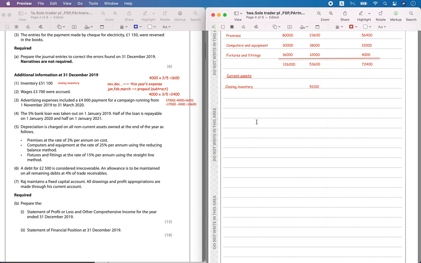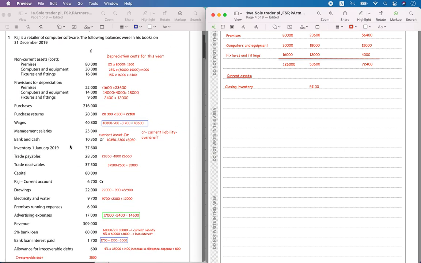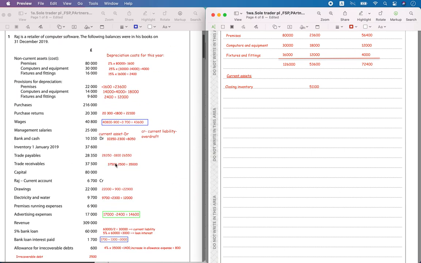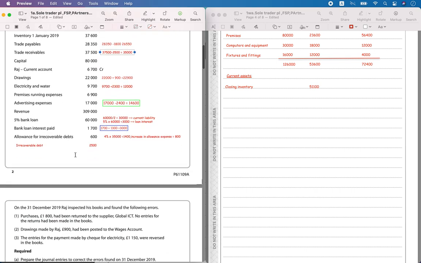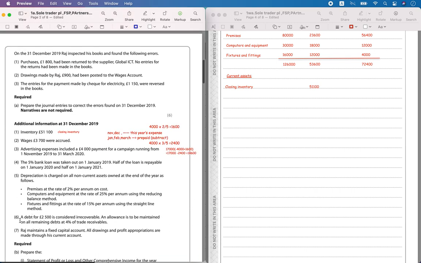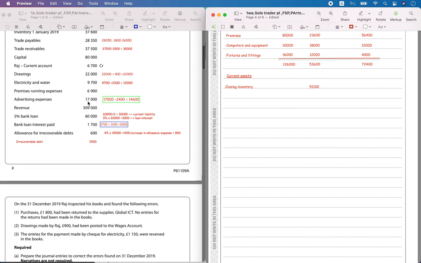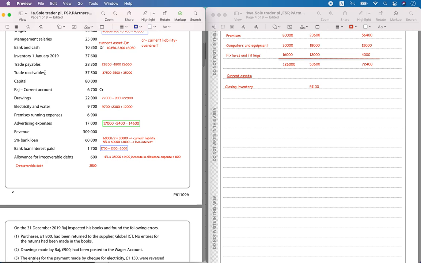So current assets are those which can be easily turned into liquid cash for the business. So closing inventory. Then we have the trade receivables. They have to be adjusted for an irrecoverable debt that happened after the balances were stated, 2,500.